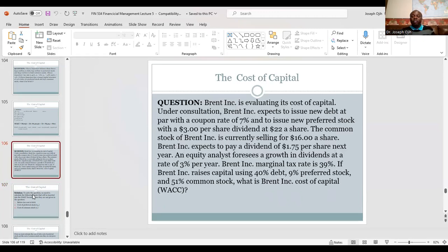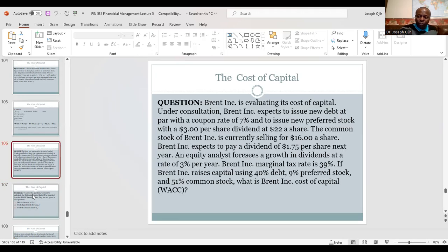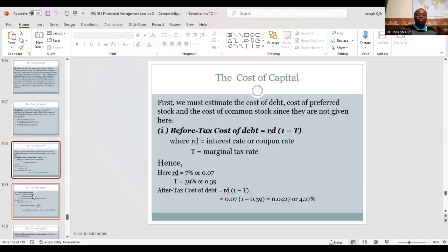They give us inputs that we can use to estimate them. Those three things are the before tax cost of debt, cost of preferred stock, and cost of common stock. Then we can combine them with the other inputs they gave us to calculate the weighted average cost of capital. Let's start with the before tax cost of debt.